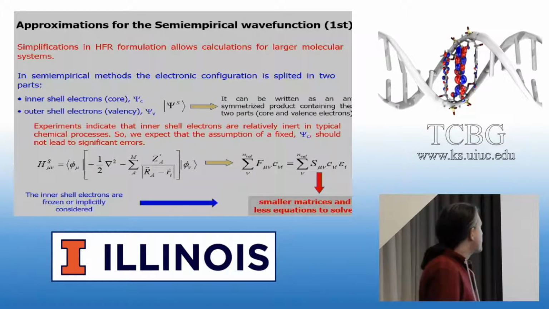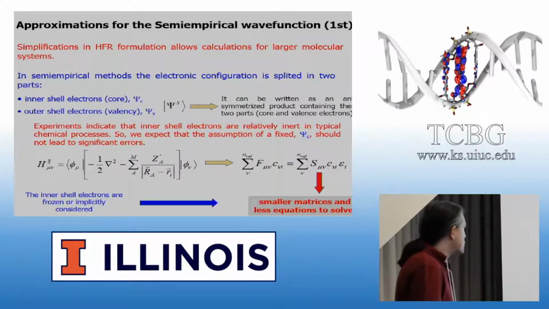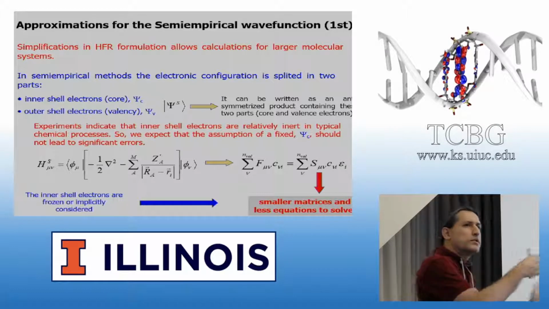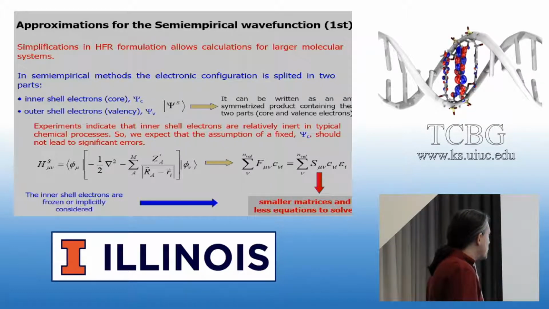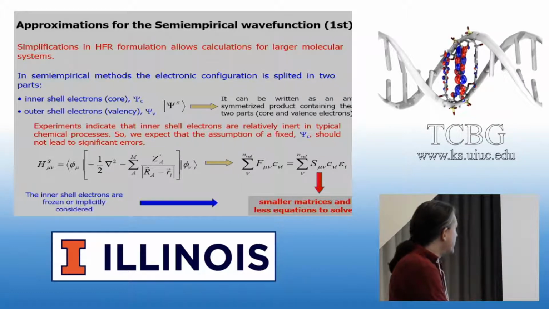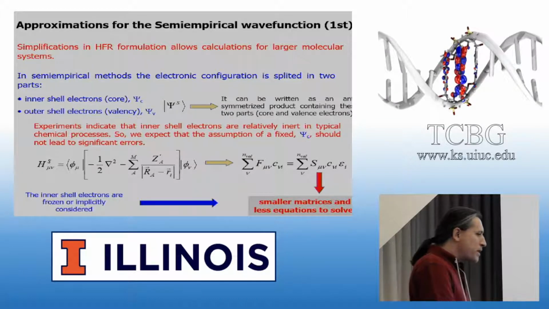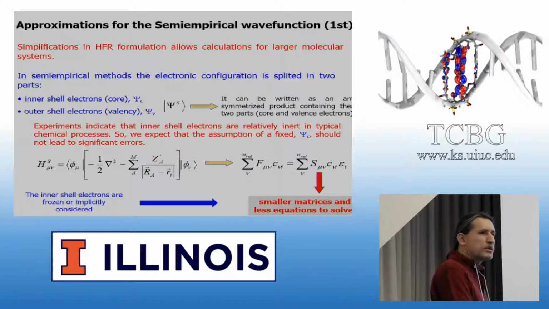The first one is you consider that the wave function for the semi-empirical methods is a smaller wave function, because only the most important electrons in a chemical reaction or for interaction with the light are the valence electrons.